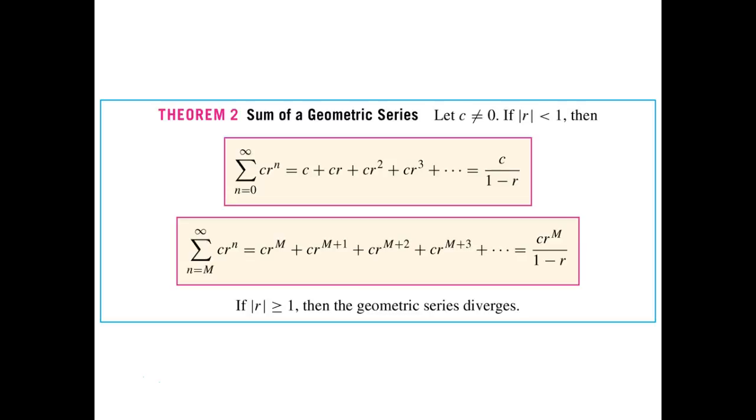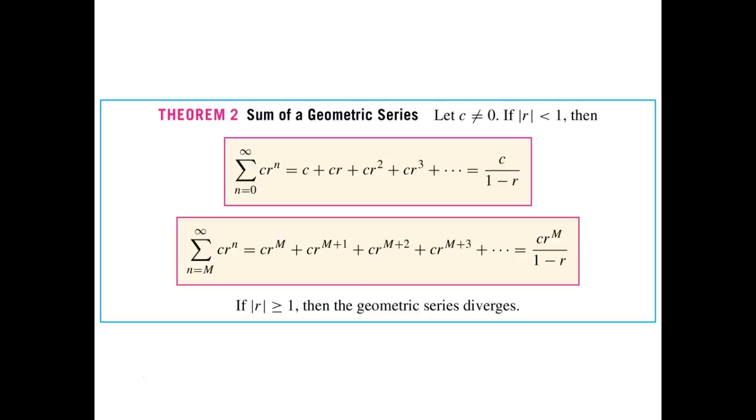So if you have a geometric series that's starting at some number greater than 0, rather than starting at 0, there's your sum. If you're starting at a number greater than that, it's that sum multiplied by r to the m, wherever that m is starting. Remember, r being a number with absolute value less than 1, this is going to be a number much less than 1, so that reduces your sum.